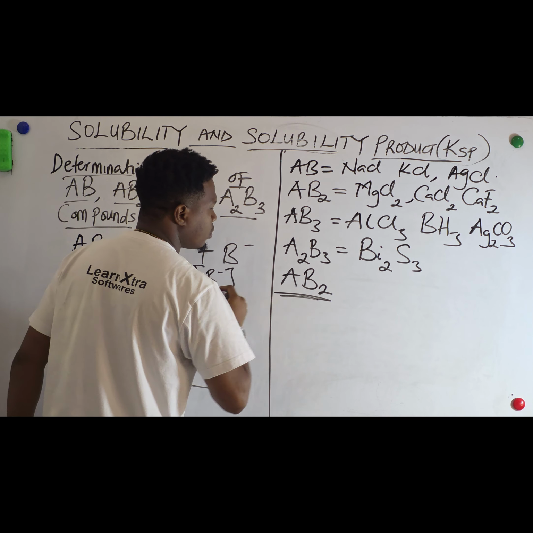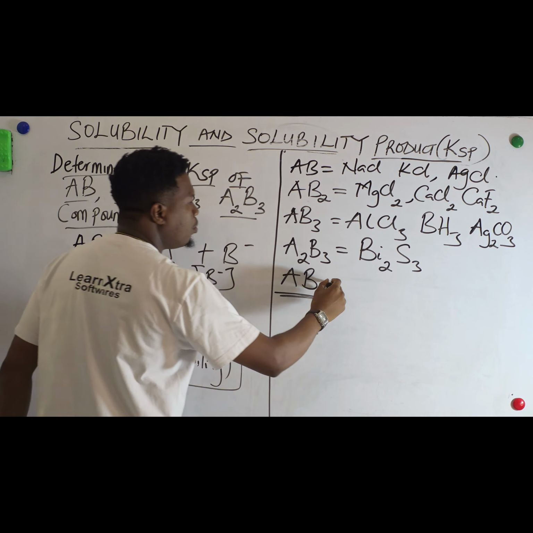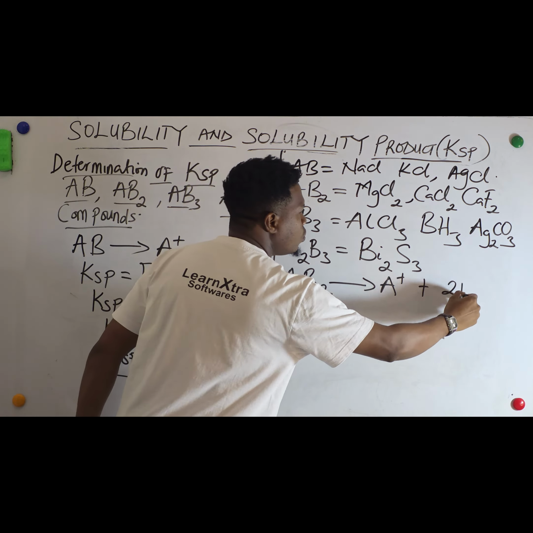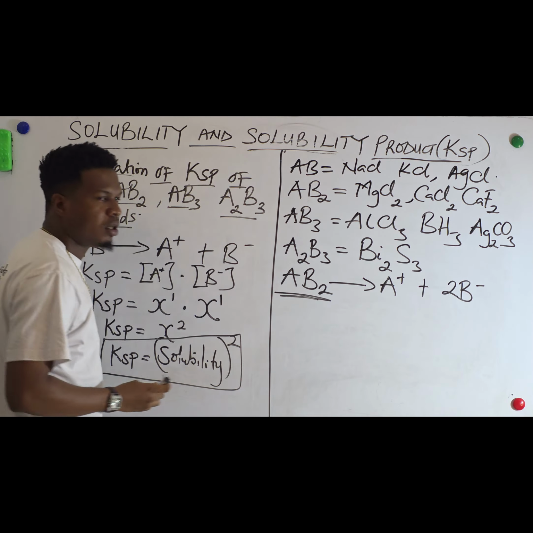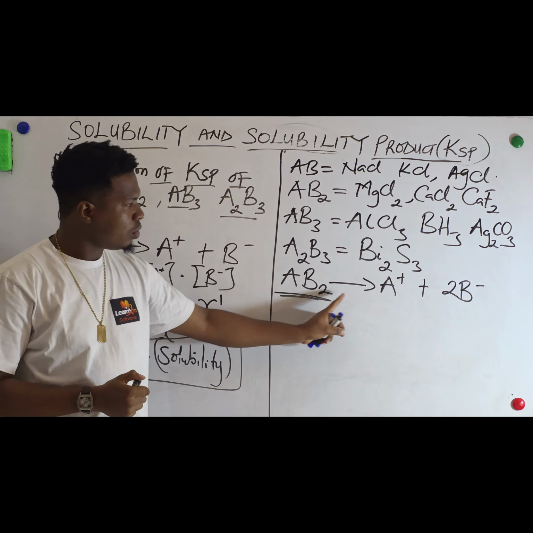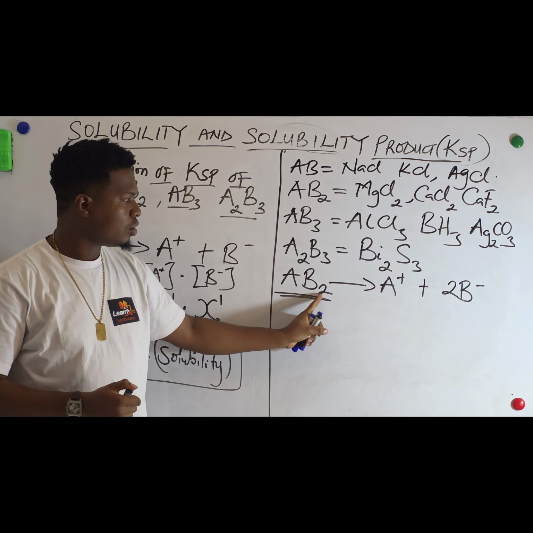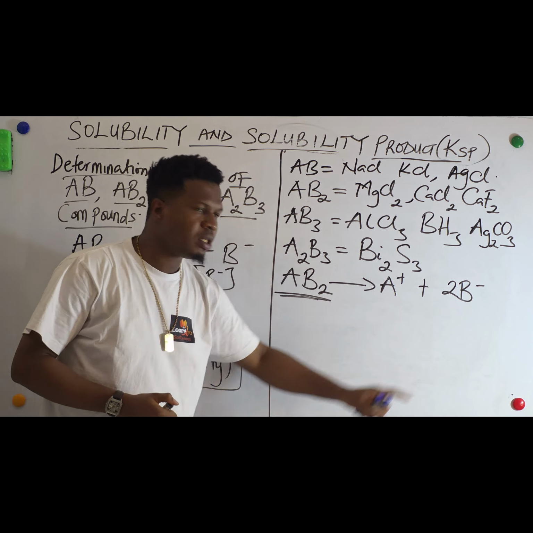For AB2 molecules, they will ionize to A plus and 2B minus. Why did I put 2 here? This 2 is because of balancing the equation. So AB2 ionizes to this.